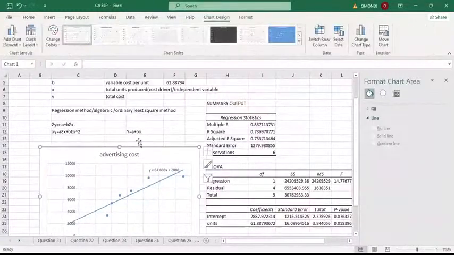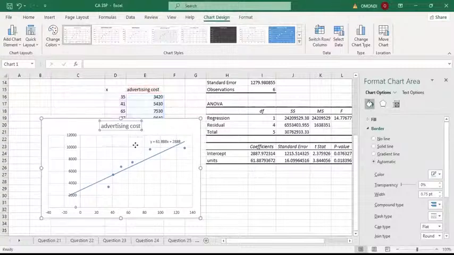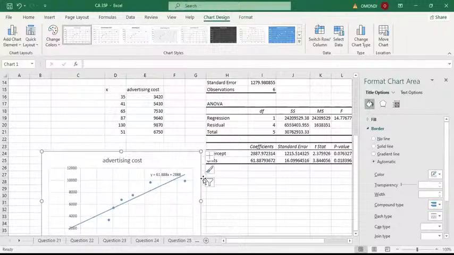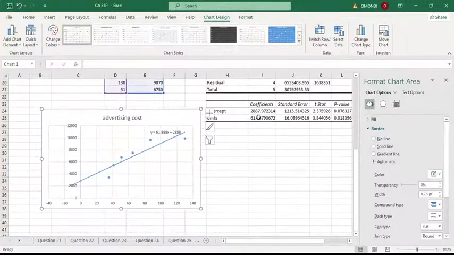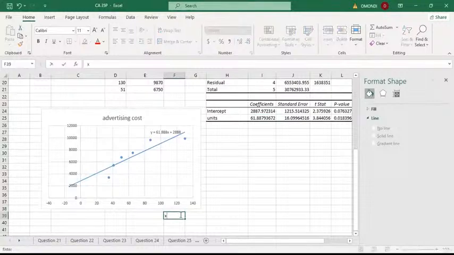This one here, we are doing that question using scattered graph. But what I'm interested in is this one here. What was I saying? That at this point here, the intercept, x is equal to 0. Remember, x is now the units, and this one here is the y-intercept, or the total cost.